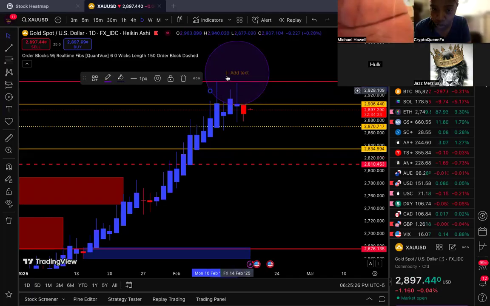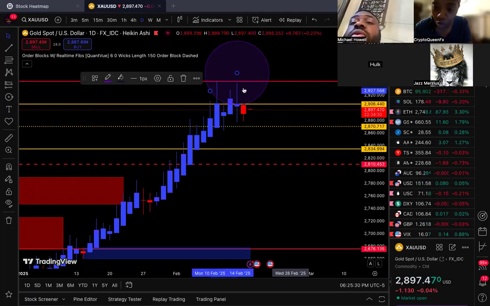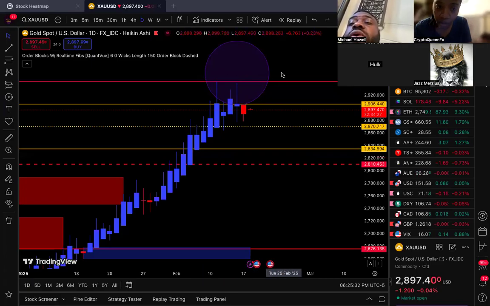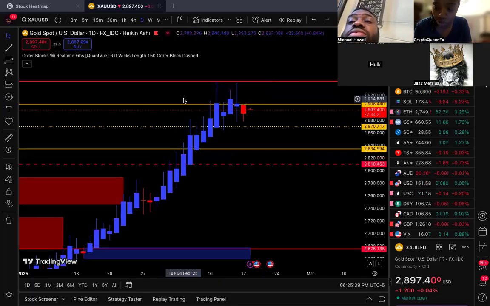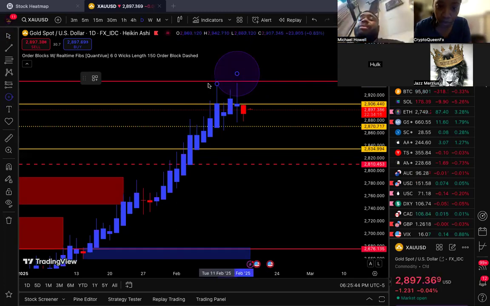When you see it do this, those are confirmations to sell. When price retests the area, the retest is the confirmation for your entry. And if price came up and retested the monthly high.